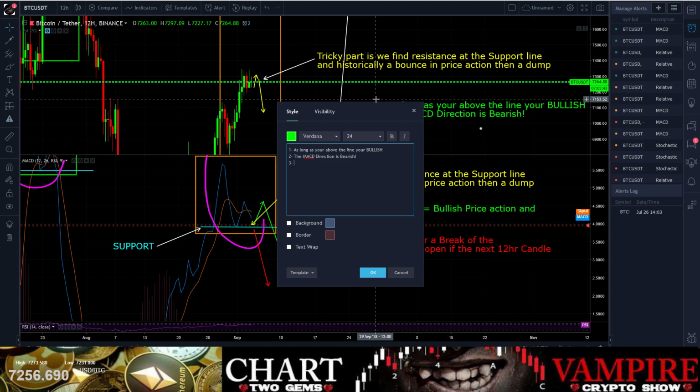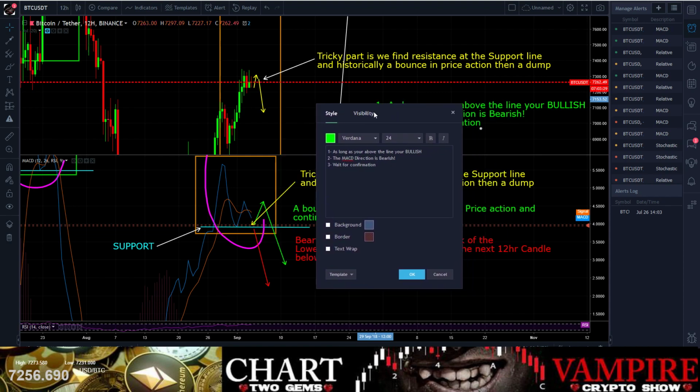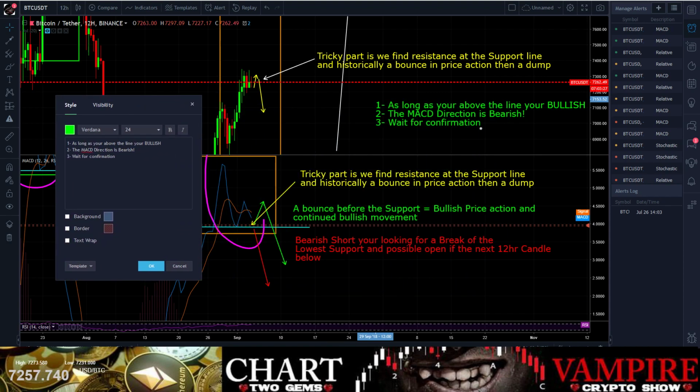And then 3, you should wait for confirmation here. This is pretty simple. You don't have that long to wait for confirmation. We're 5 hours into this candle. Now if this candle closes and it's still in the bearish direction, you're just going to have to wait for another one.